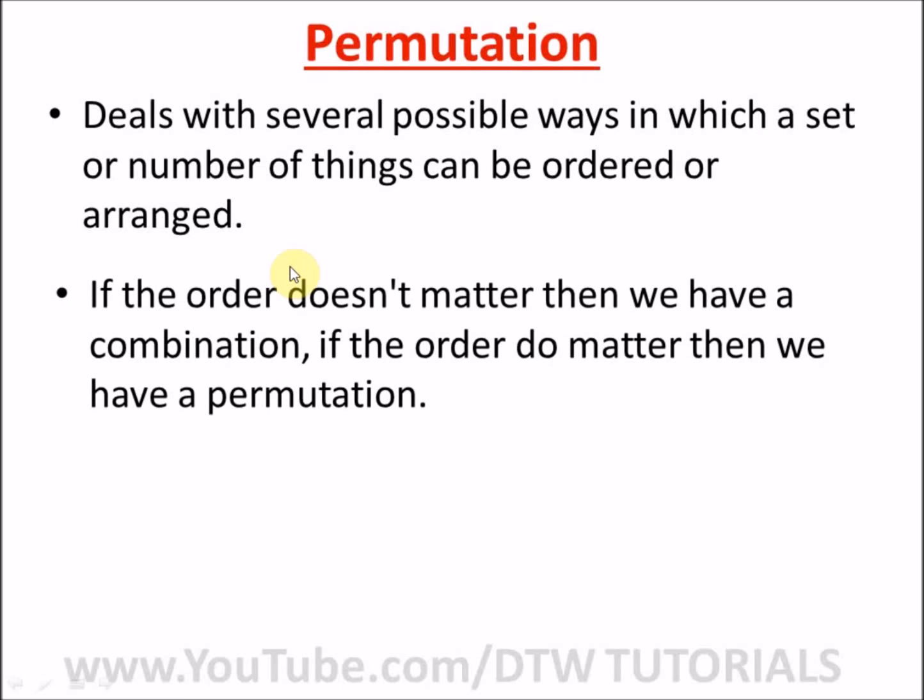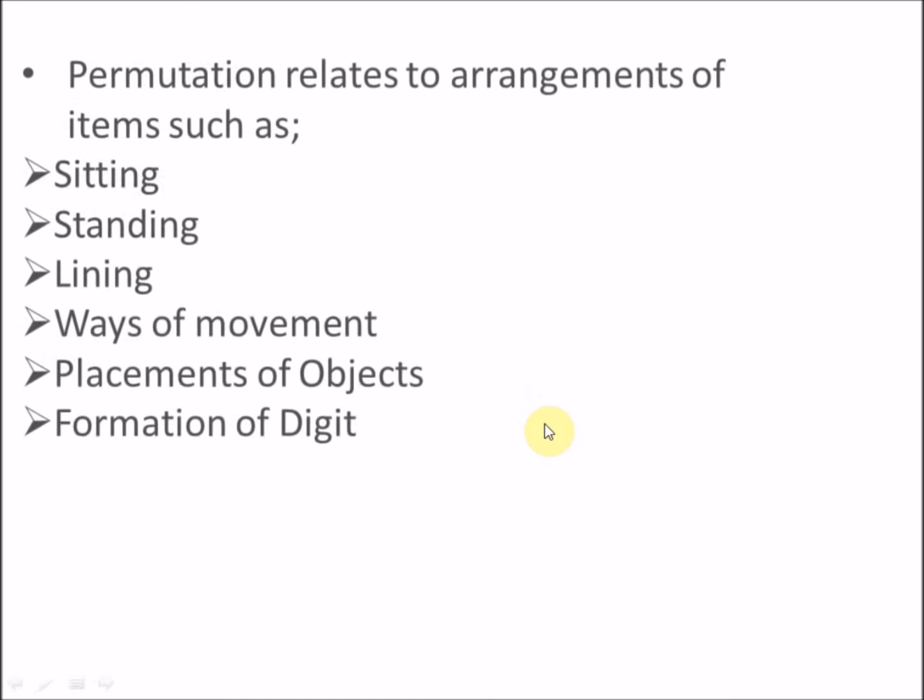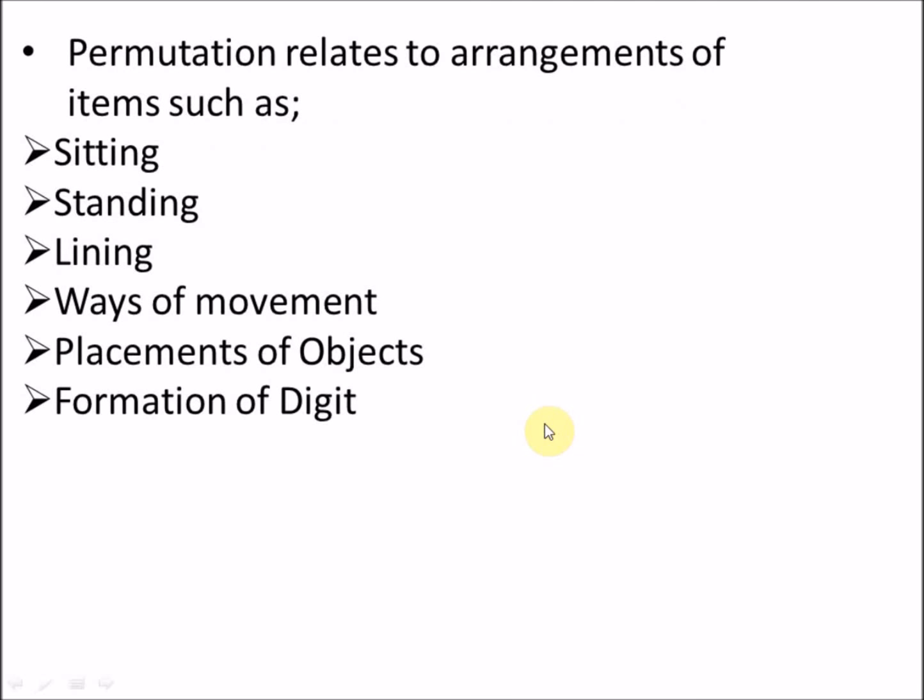If the order doesn't matter, then we have combination. If the order does matter, then we have permutation. Order matters in permutation, while in combination order doesn't matter.